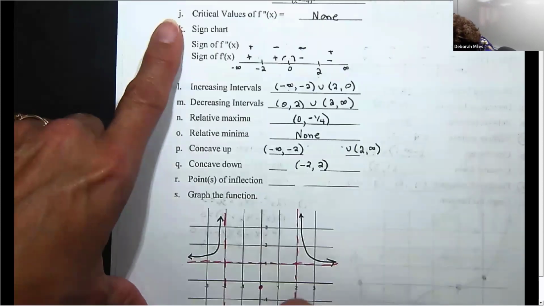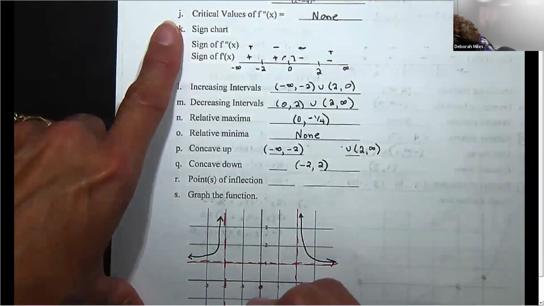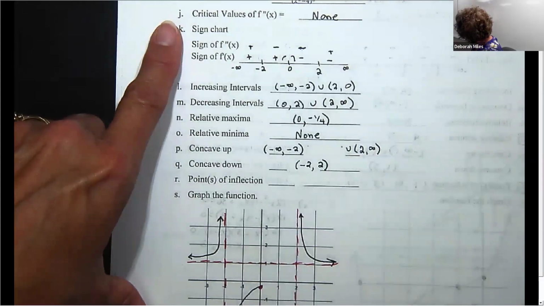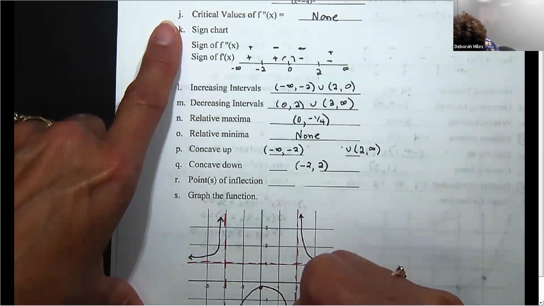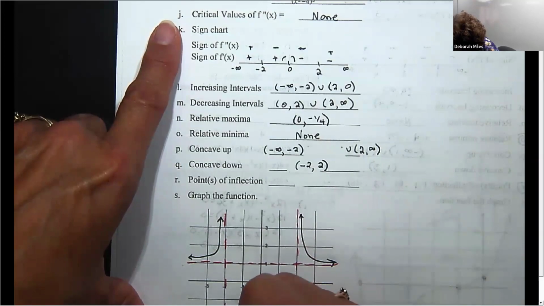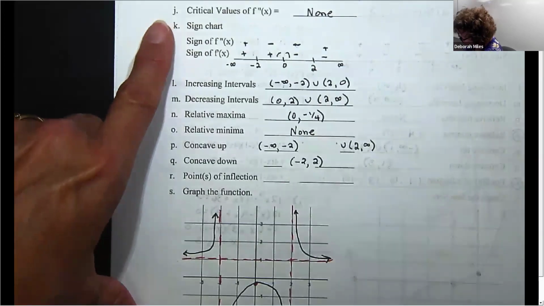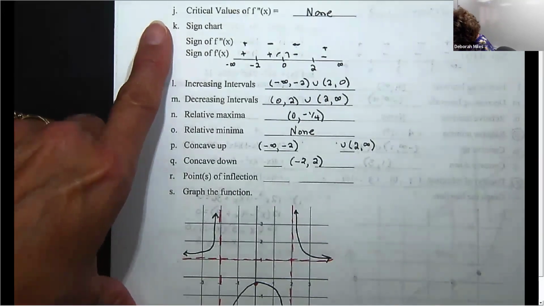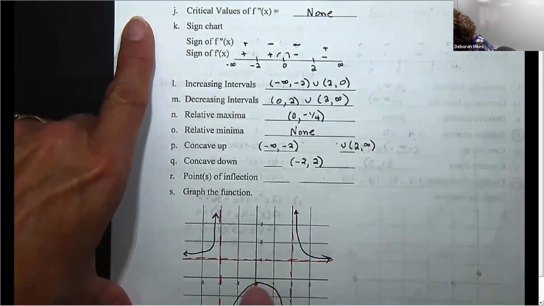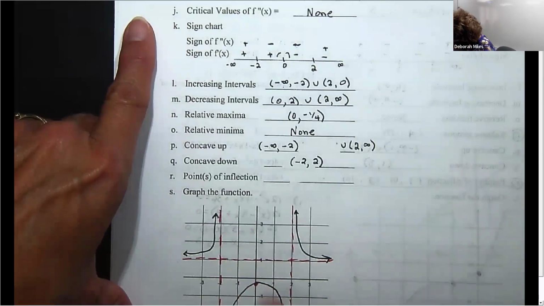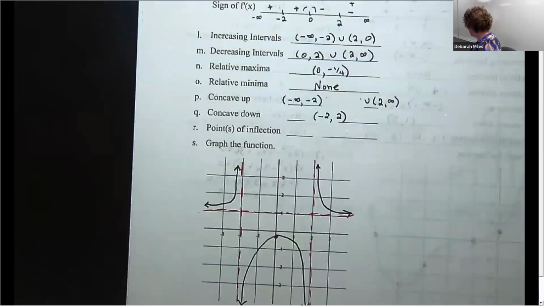So now I can do concave up and increasing there. Concave down. No, concave down all the way from -2 to 2. Increasing -2 to 0 and decreasing 0 to 2. And then I can check it.